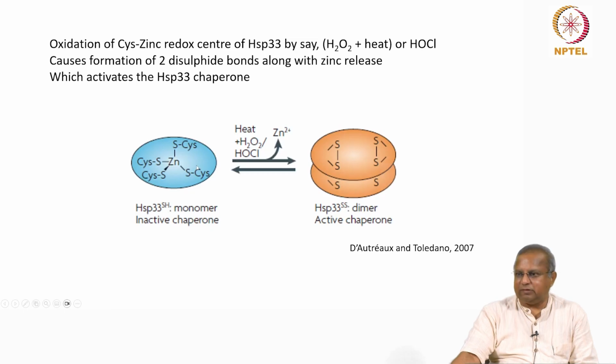This is a representation of the process. The HSP33 monomer is an inactive chaperone. Heat plus H2O2 or HOCl converts it into a form with two disulfide bonds. When it has this, it forms a dimer, and the dimer is an active chaperone.